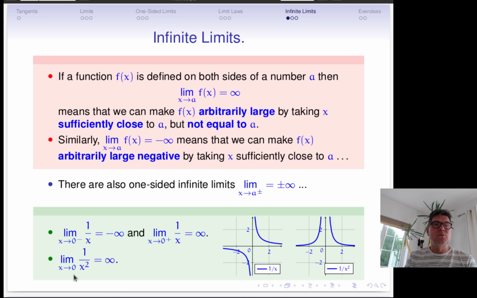The function 1 over x squared, on the other hand, takes larger and larger values the closer we choose x to 0 on both sides. So here the limit as x goes to 0 of 1 over x squared is infinity.